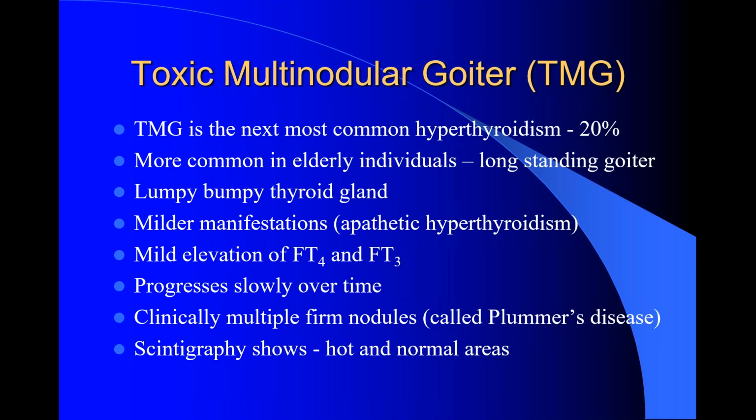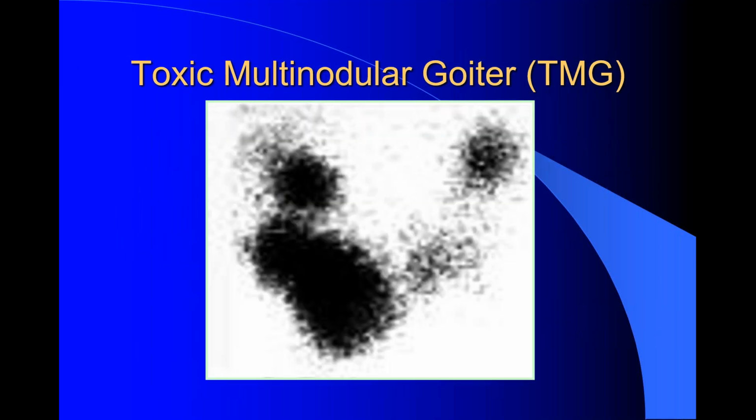Clinically, you will see multiple nodules, and on scintigraphy, which I told you is used for differentiating between the causes of hyperthyroidism, you will see multiple hot nodules, and in between the nodules, you will have normal areas. These are the nodules, and in between, this is normal area.